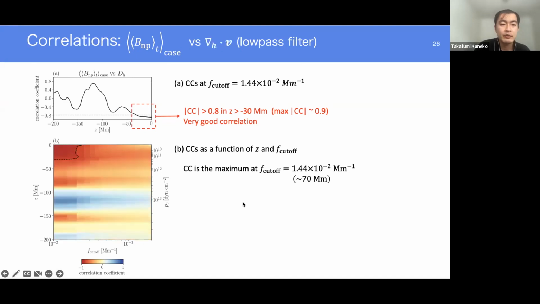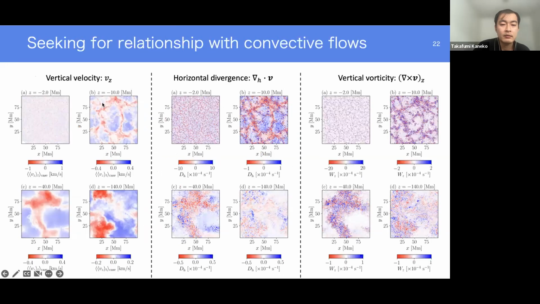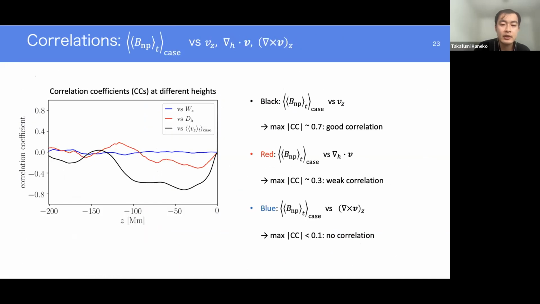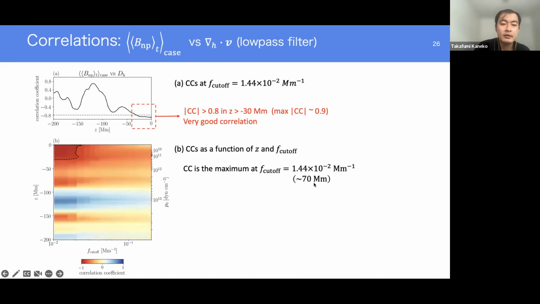And next, I show the correlation coefficient with the horizontal divergence. If you use the original horizontal divergence, the correlation was just 0.3. But if we adopt the low-pass filter, the correlation coefficient was improved to 0.8. And the depth is a bit shallower than the downflow.